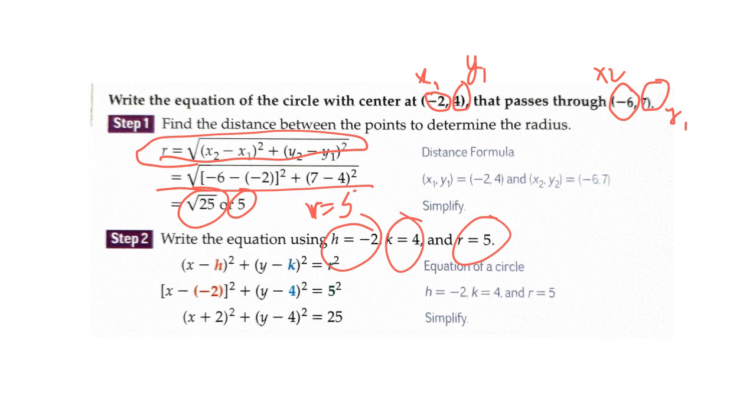The standard equation of a circle is x minus h squared plus y minus k squared equal to r squared, and if we plug in the above values to the h, k, and r of the equation, we should get x minus -2 squared plus y minus 4 squared equal to 5 squared, and this can be simplified to x plus 2 squared plus y minus 4 squared equal to 25, which is the equation of the circle.